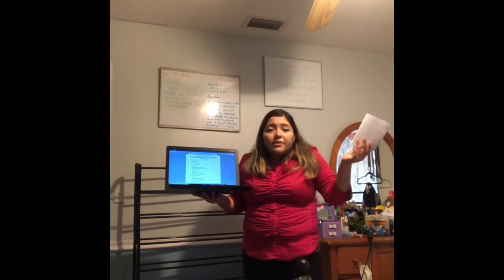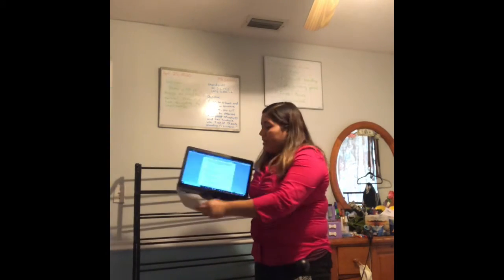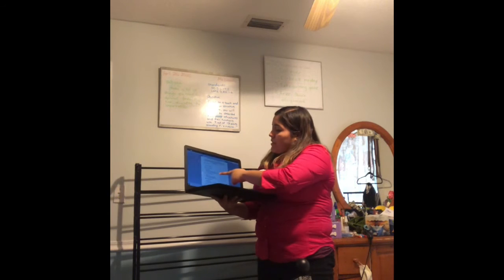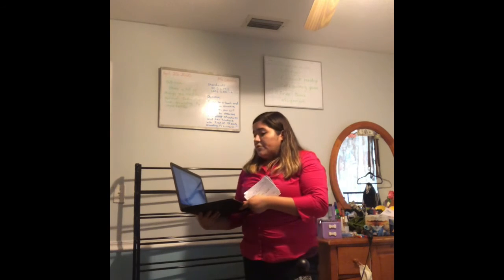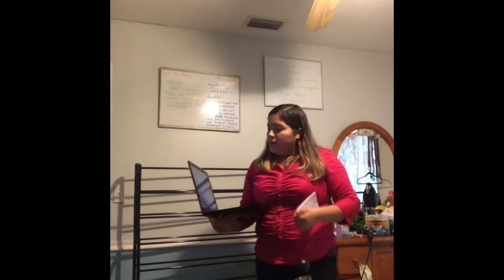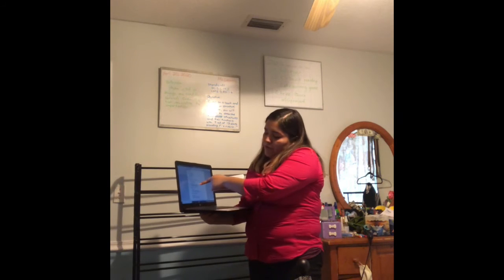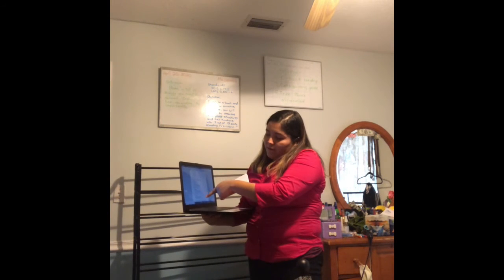Some people like to work on the computer. Okay, so I'm leaving it right there. The directions say, you will create a 5-slide PowerPoint about 4 plant structures and their functions. You may use your notes. Use the guidelines below, slide 1, 2, 3, 4, 5.